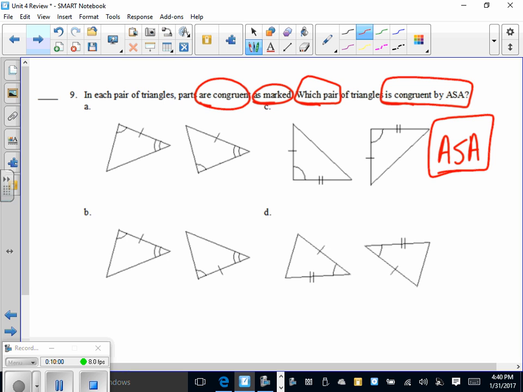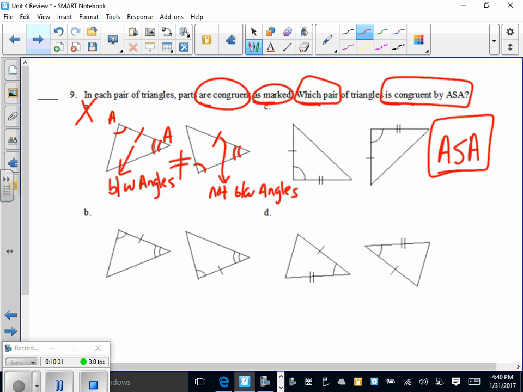So on A, this angle matches up to this angle, so I have an A. And this angle matches up to this angle, so I have another A. And this side matches up to this side, but if you notice, this side is between the angles. This side is not between the angles. So, because those are not the same thing, they are not congruent to each other, okay? So that eliminates A.